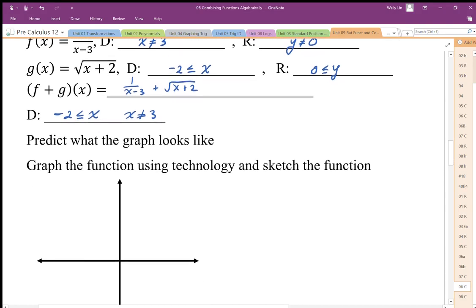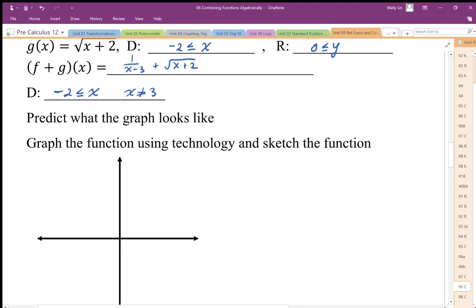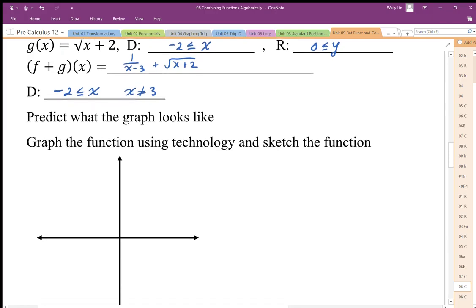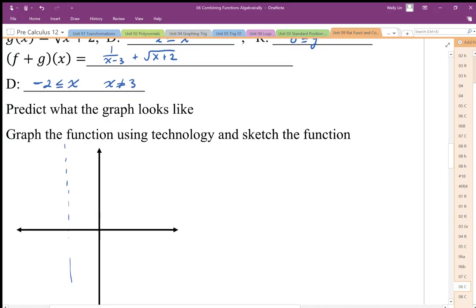If we were to predict what this graph looks like, we really don't know what it's going to be doing, but we should start analyzing this. First, we know that at -2, there's a domain boundary. We also have a vertical asymptote at 3. So we know that on this side, there's nothing going on.